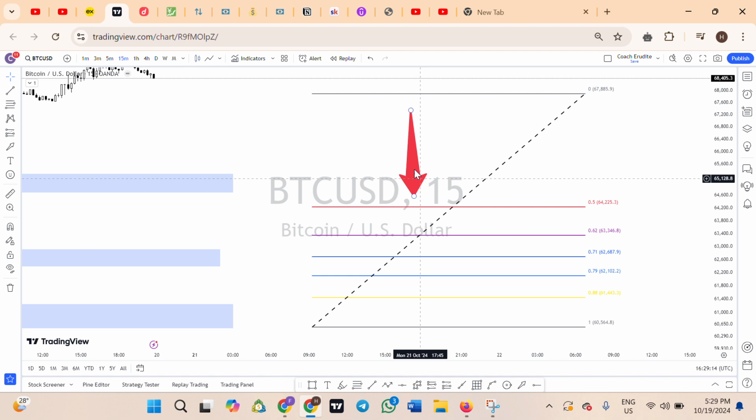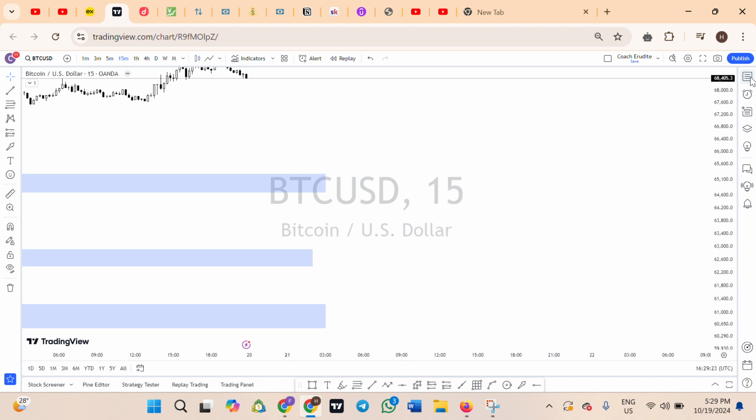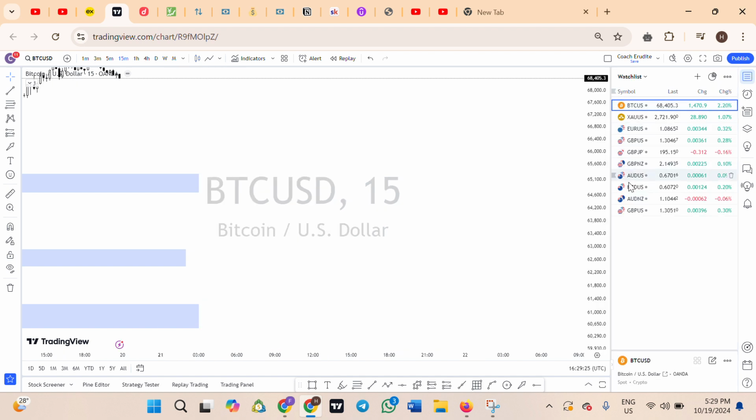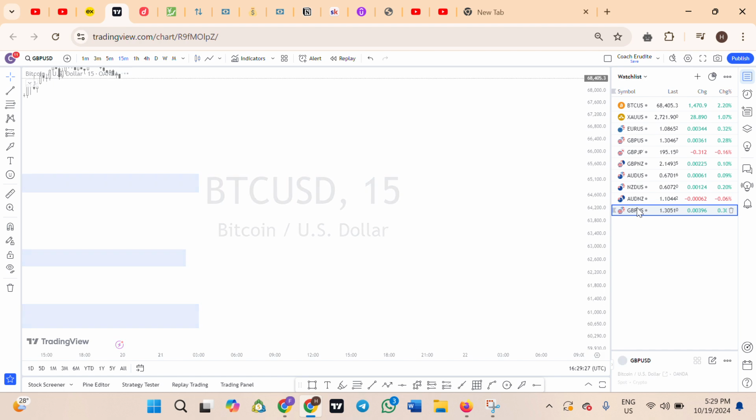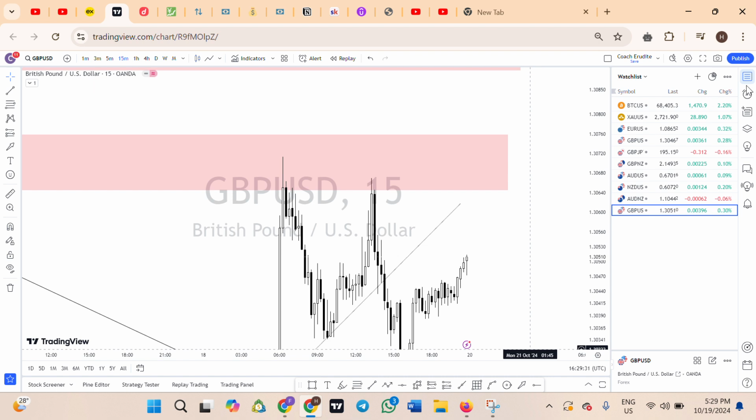Now, how do you trade with the Fibonacci tool? Let's go to a buying market. I'm going to be using GBP USD as an example.